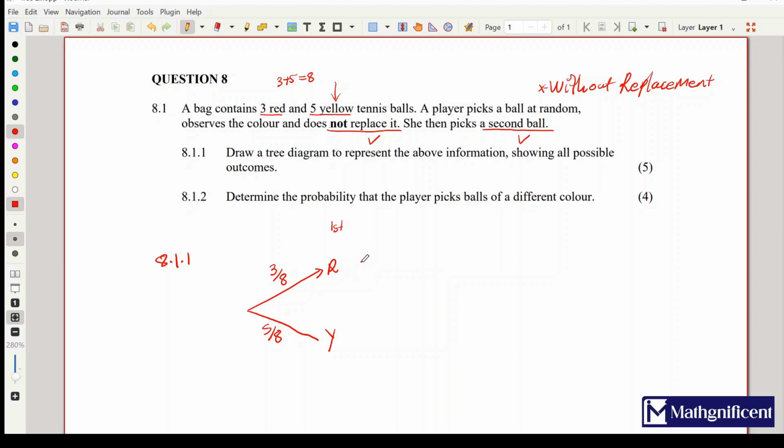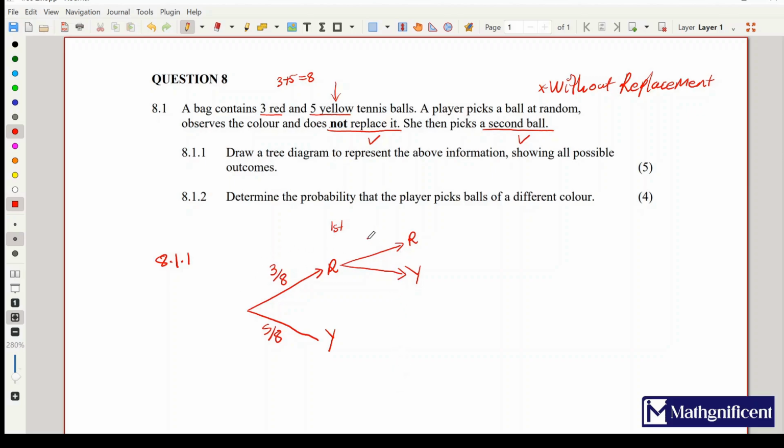Now let's go on to our second try. Remember that if a person picked a red ball, there still stands a possibility to select another red ball, and also to select a yellow ball. But remember, there's a case of not replacing the ball back inside the bag.